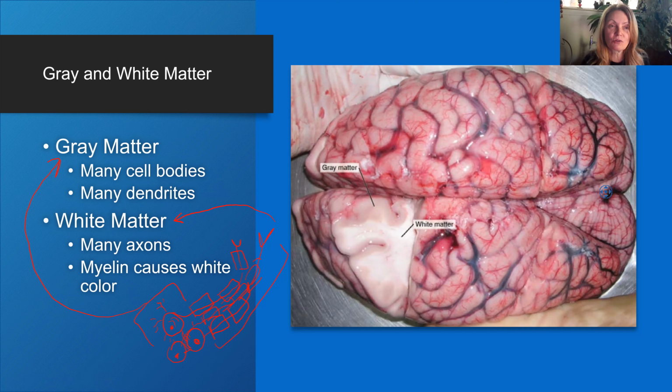Now, we define gray and white matter only when we're talking about the central nervous system. For example, if you're talking about nerves, you cannot use this classification. You cannot say that nerves are made of gray or white matter.